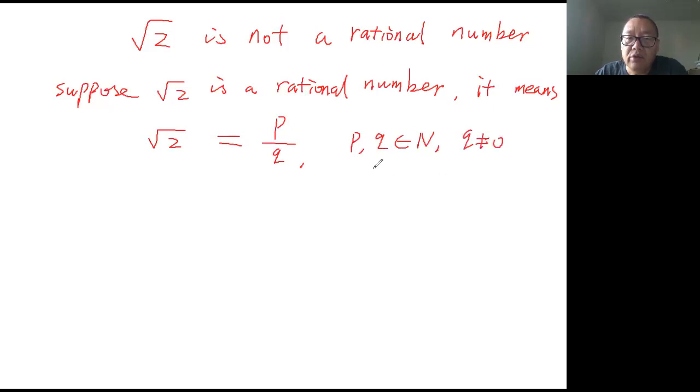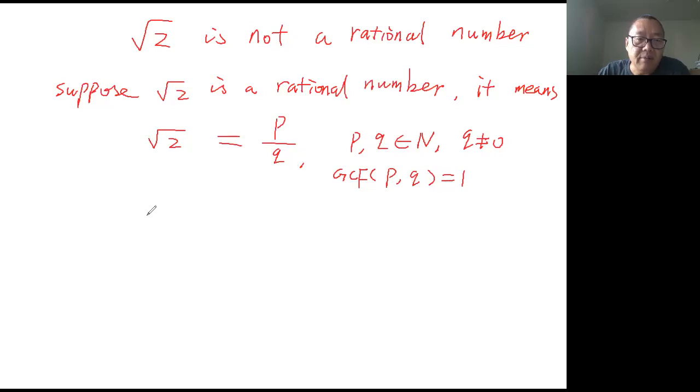Also, the greatest common factor, GCF, of P and Q equals 1, so P and Q are relatively prime.